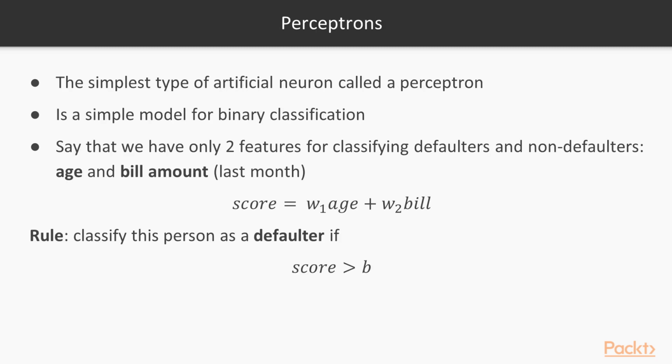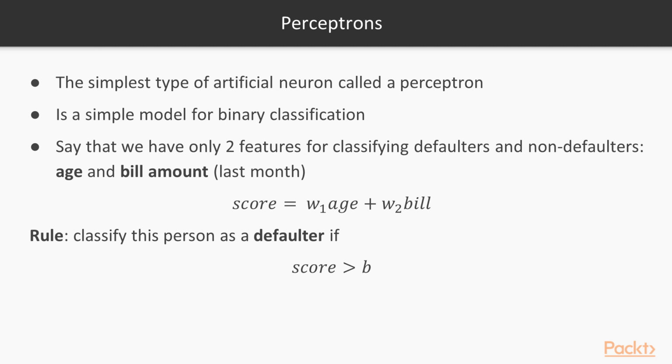Now let's begin our discussion of these models with the basic building block, the perceptron, which is the simplest type of artificial neuron that we can have. Perceptrons were invented as a simple model for binary classification.